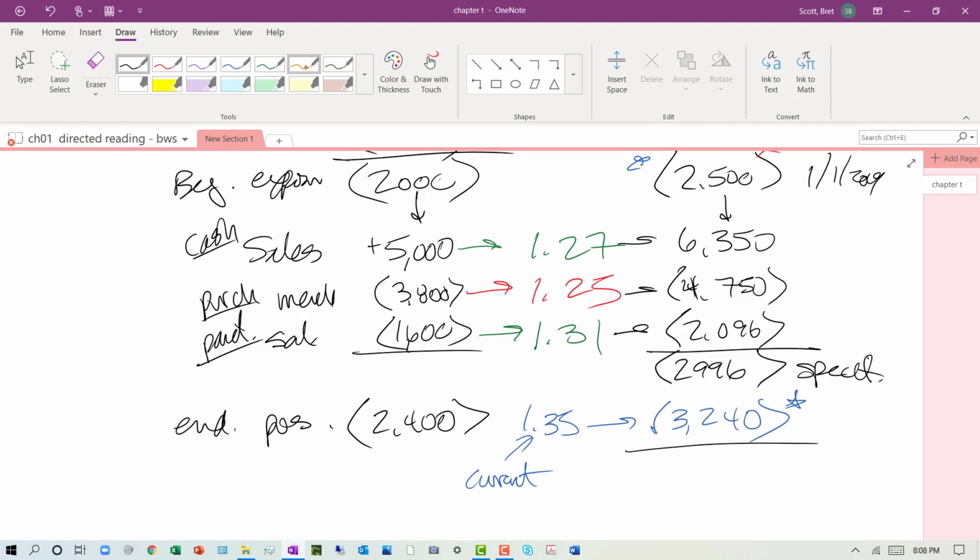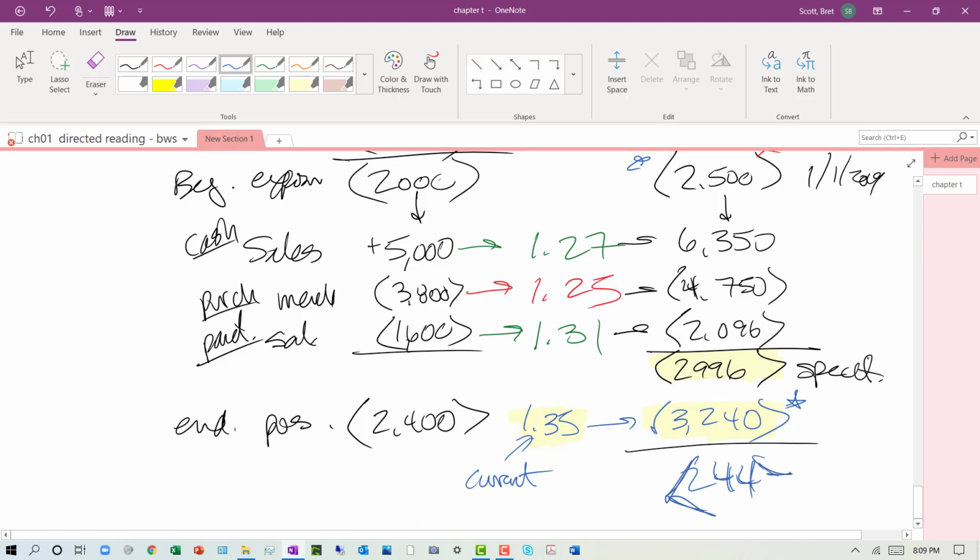When I compare this 2996 versus 3240, the current rate I'm using here is causing me to recognize a loss of 244, which is the difference between those.